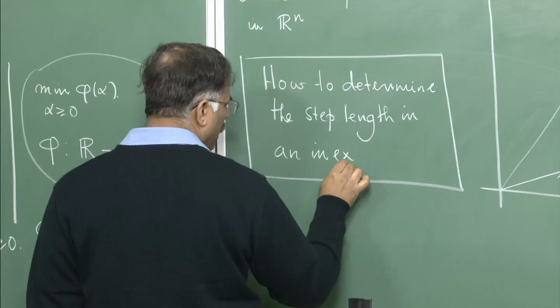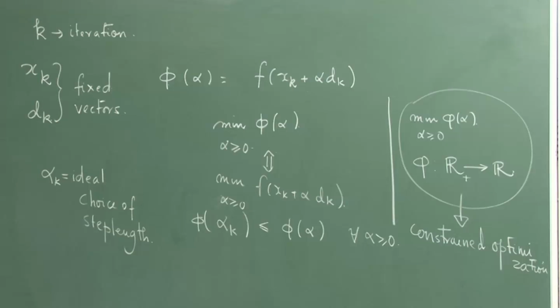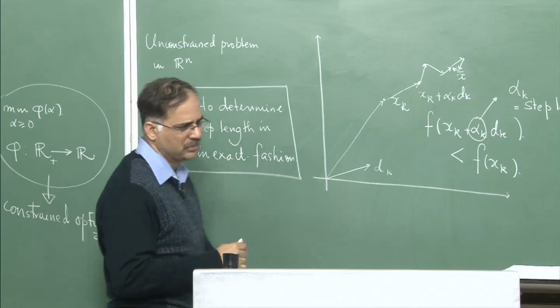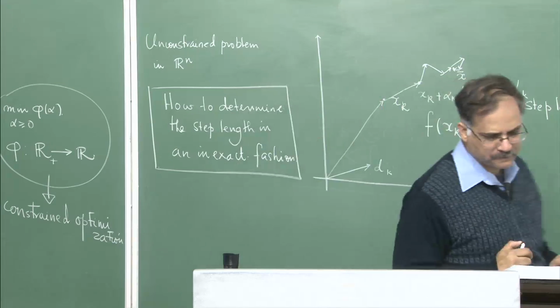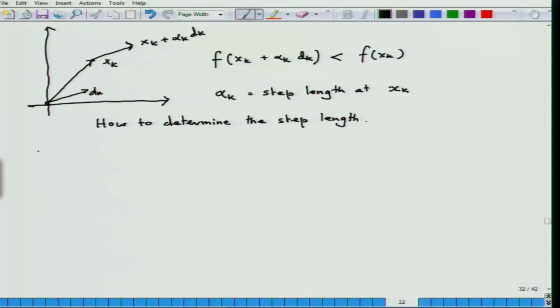That is, you do not find the exact alpha which minimizes this problem, but you can find an alpha which makes a sufficient decrease. So, what is this sufficient decrease? Let us define what we mean by sufficient decrease.